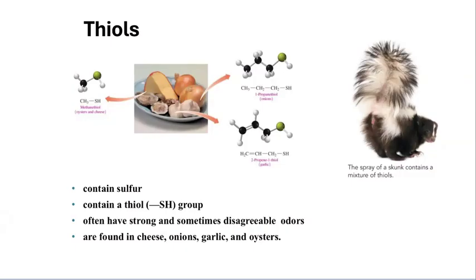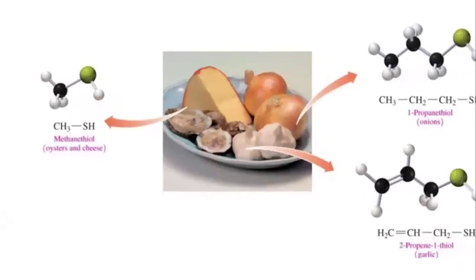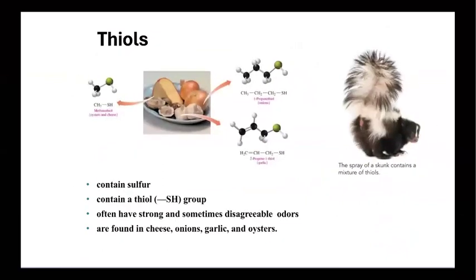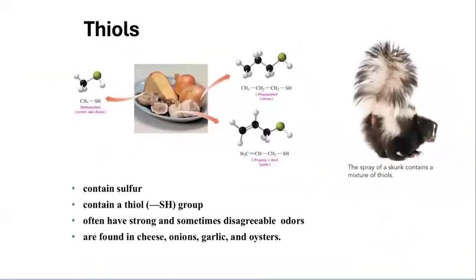Other smells that some people may not like include the smell of cheese and oysters, and as you can see, this is the thiol responsible for them. The smell of onions also has a thiol responsible for its smell, and even garlic has a thiol specifically that is responsible for its smell. The important thing about thiols is to recognize them structurally.